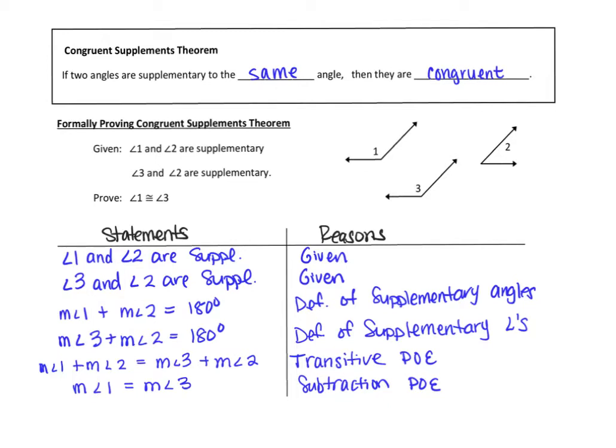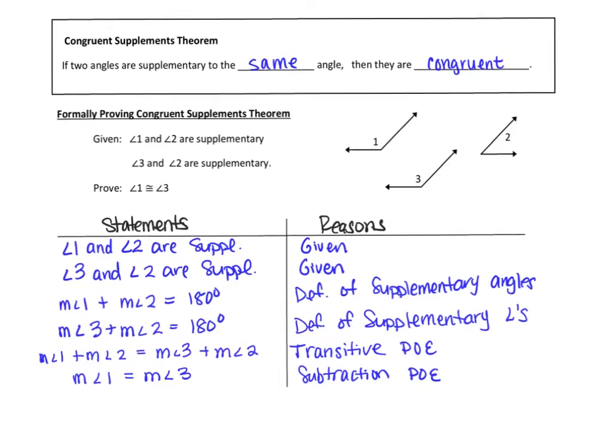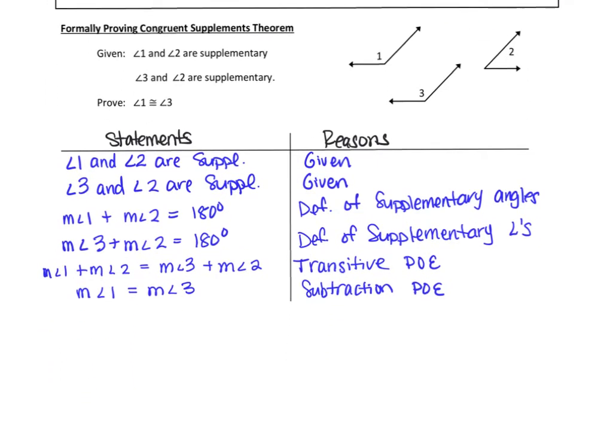And if measurement of angle 1 is equal to measurement of angle 3, then that means that their angles are congruent. So now I can say that angle 1 is congruent to angle 3 because of the definition of congruent angles, or more importantly, the congruent supplements theorem, which I'm going to abbreviate.